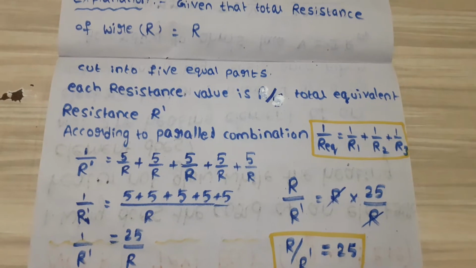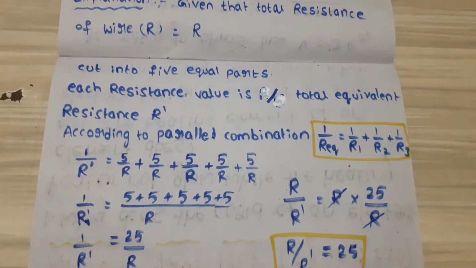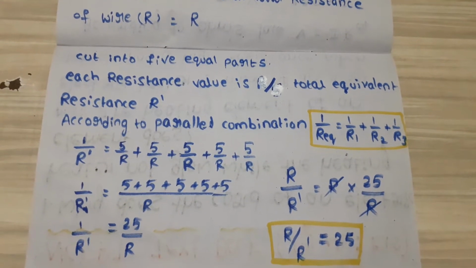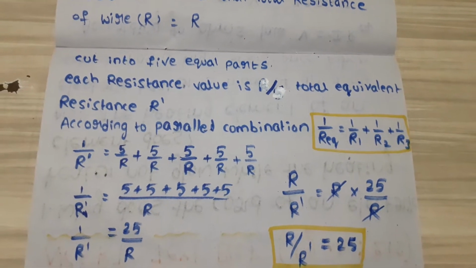Now we have to find the total equivalent resistance R dash. These are all connected in parallel combination. Its formula is 1 by R equivalent equals 1 by R1 plus 1 by R2 plus 1 by R3.